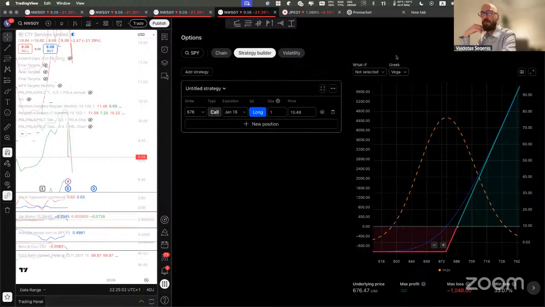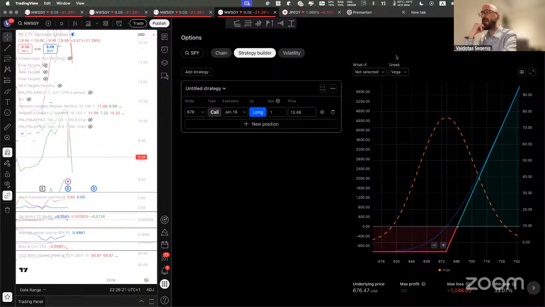Of course, you have unlimited upside if underlying rallies and continues to go up. You have technically unlimited upside, and your risk is the premium that you paid for a call. So, of course, in this scenario, if you paid $10, like TradingView shows us now, your risk is $10 and you can't lose anything else.